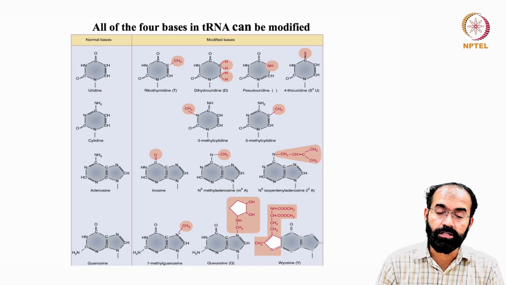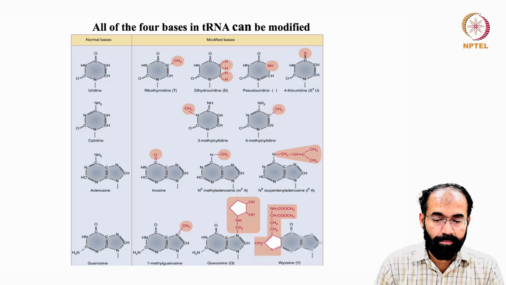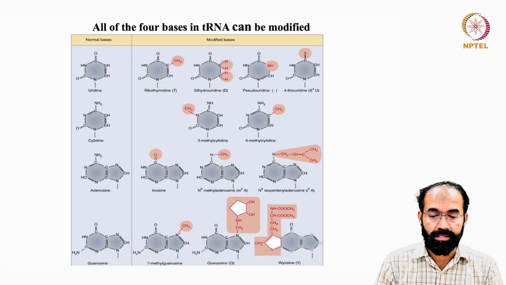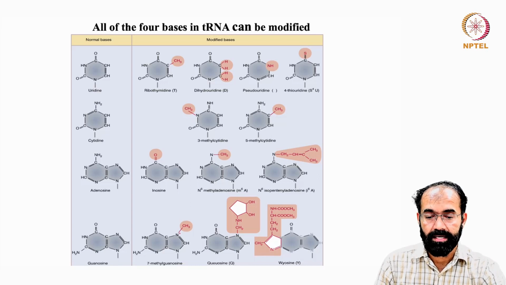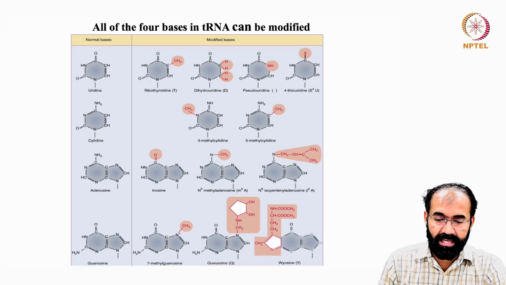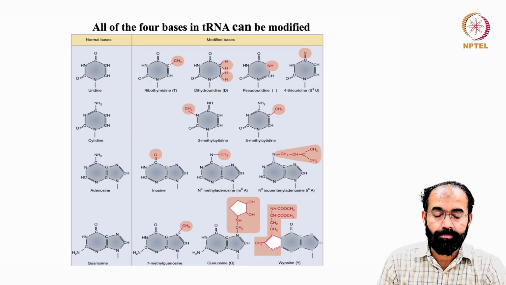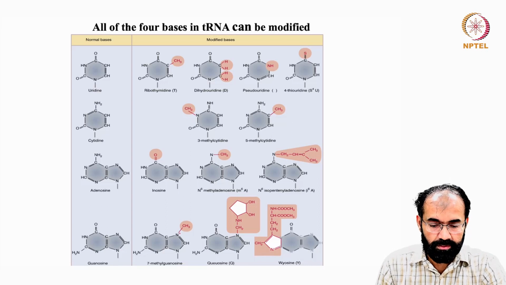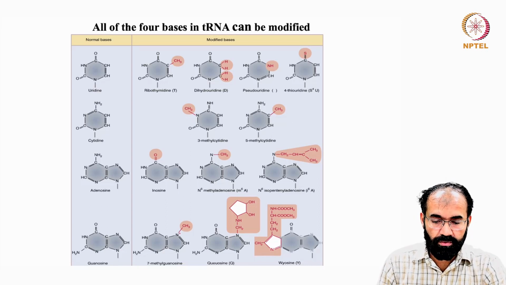Uridine, cytidine, adenosine and guanosine can all change into ribothymidine, dihydrouridine, pseudouridine, 4-thiouridine, etc. Cytidine can also be changed into 3-methylcytidine, 5-methylcytidine, etc. Adenosine can change into inosine, N-methyladenosine and N-isopentenyl adenosine, etc. And guanosine can change into 7-methylguanosine, which we are all familiar with because it is used for the 5' cap, and also queuosine and wyosine.